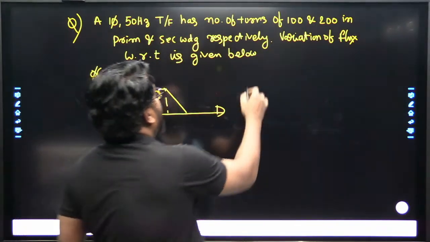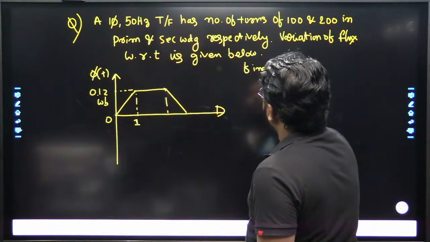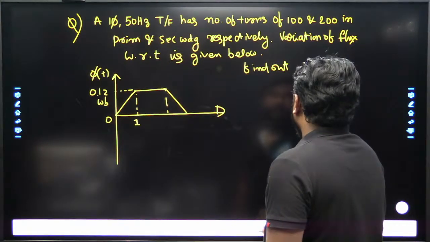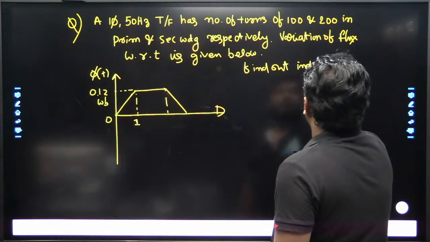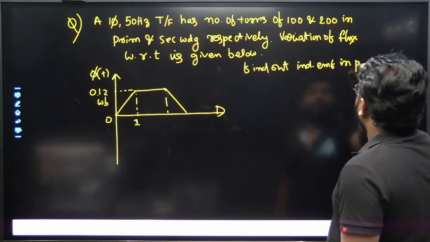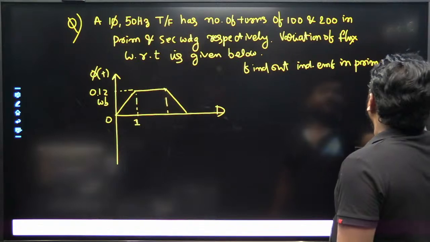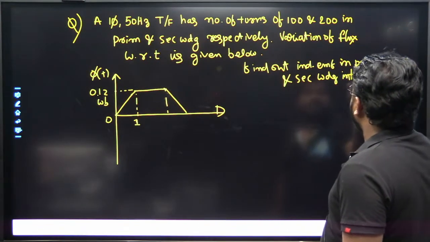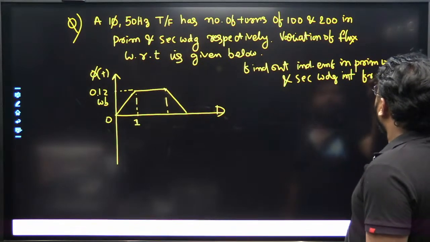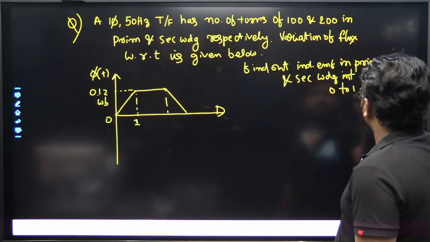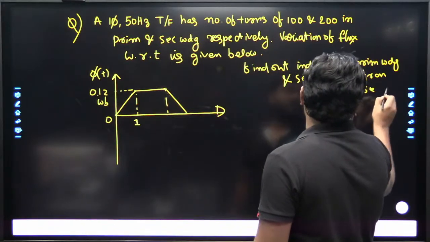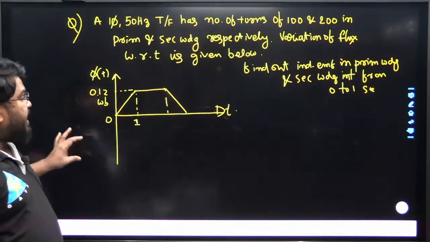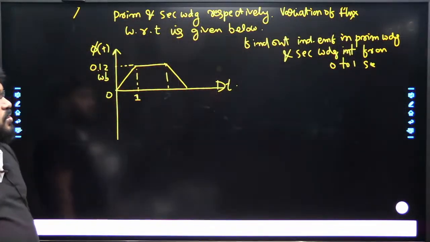Now find the magnitude of the induced EMF in the primary winding and the secondary winding in the interval from 0 to 1 seconds. Now how do we find it for the interval from 0 to 1 second?